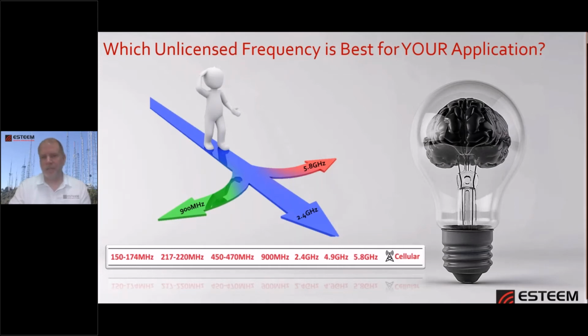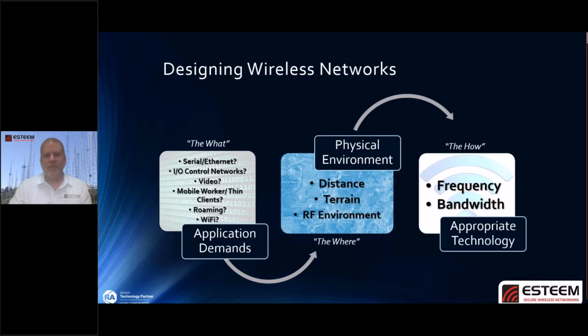And this is really the crux of it: we've got to look at your application itself. When we start looking at that, we look at this as a 3-dimensional puzzle. We're looking at the what. Basically, what are you trying to do on your network? Is this a serial network? Is it Ethernet? Is it something that's migrating from serial to Ethernet? Is it an IO control network?